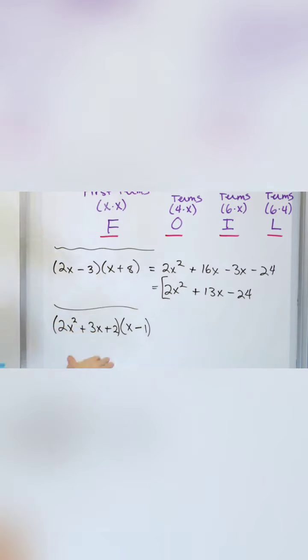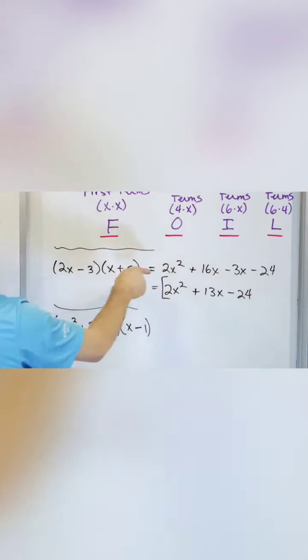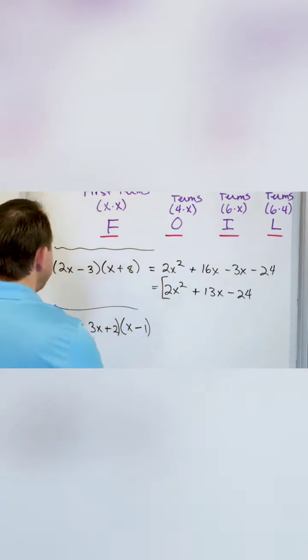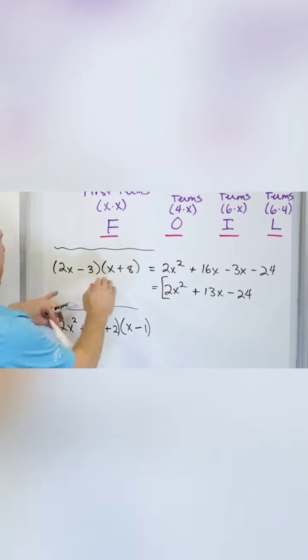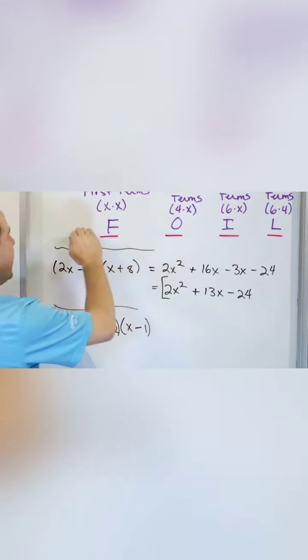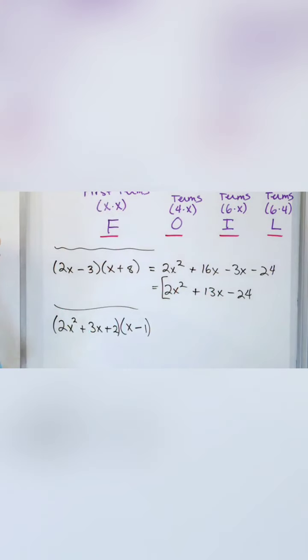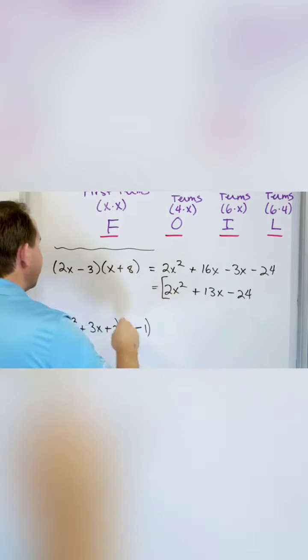If you've learned the FOIL method, first, outer, inner, last, then you have no idea how to multiply this. What's the first terms? What's the outer, inner, and last terms? How do I do it? You have no idea how to handle anything beyond this cookie cutter recipe if you just memorize a cookie cutter recipe. But hopefully now you all realize that there's no magic behind how you multiply this together.